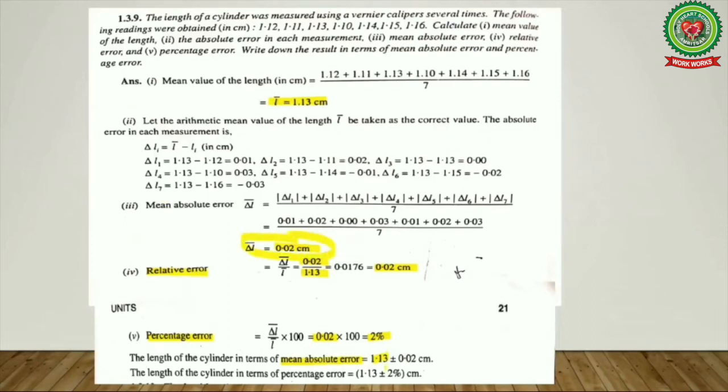Plus minus because the value can vary by 0.02 centimeter, even in negative direction or in positive direction. And the length in terms of percentage, 1.13 plus minus 2%. Percentage you have calculated here only. So this is all about absolute error, mean absolute error, relative error and percentage error.